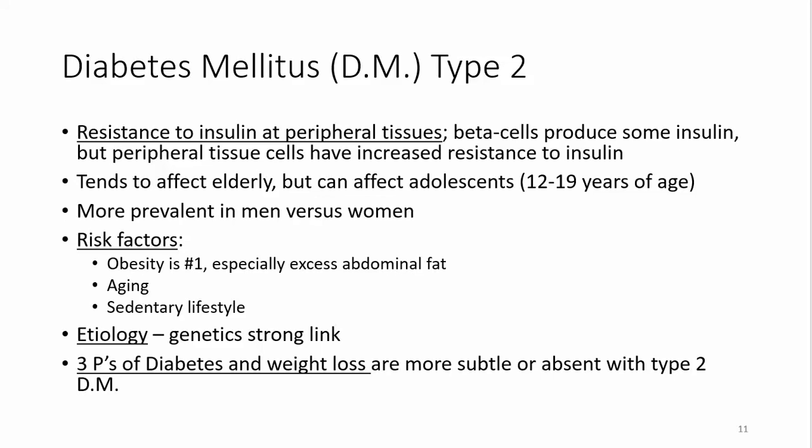Now, the other thing that happens, and it happens supposedly more in men than women, but I think that women are catching up. Cortisol, the stress hormone, causes gluconeogenesis and glycogenolysis in the liver, so it exacerbates the problem.